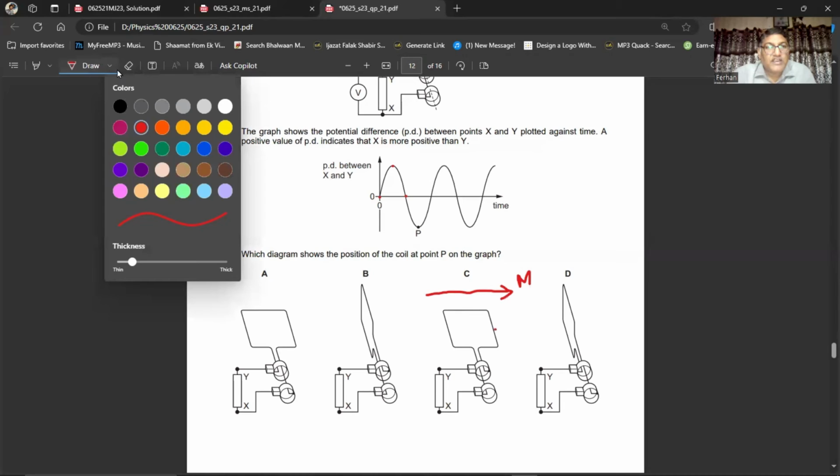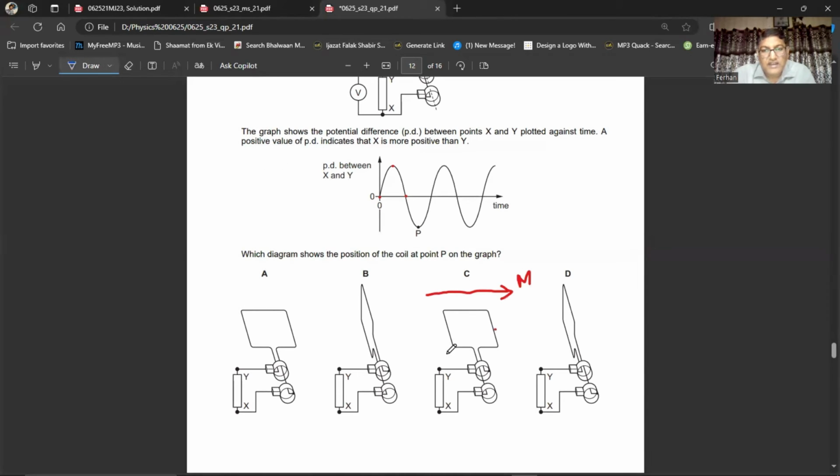If you pay attention to this side, because the coil is moving clockwise, this side of the coil is going downward, and this side of the coil is going upward. So when I apply the right-hand rule on, suppose, this side, this is my right hand.